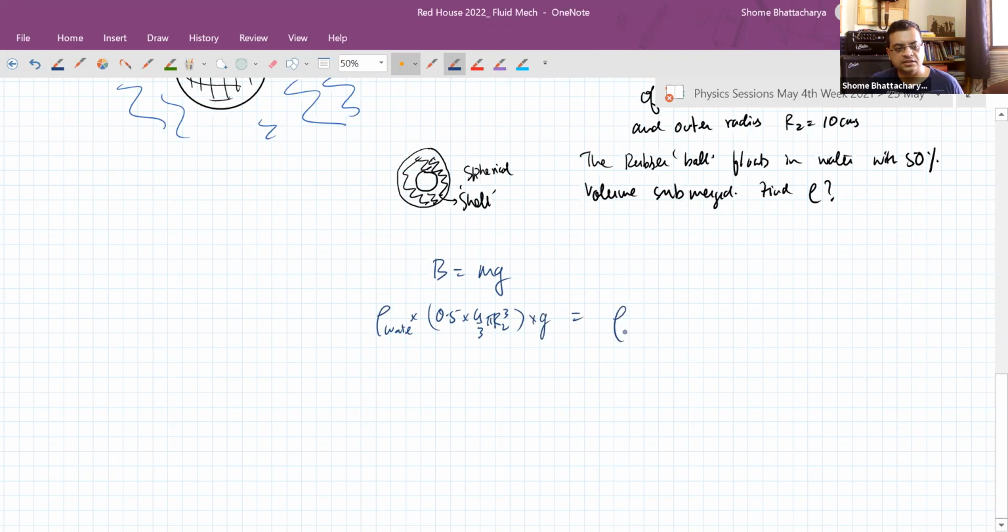Whereas this will be density of rubber into the volume of rubber, which will be this. This is the volume of the solid rubber part in this whole thing.